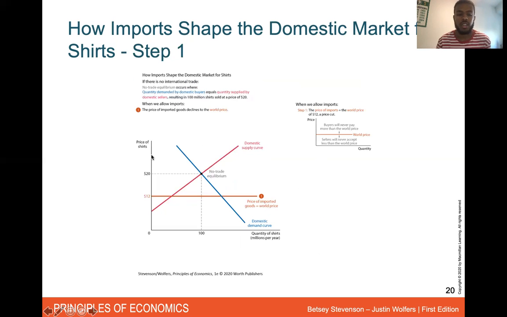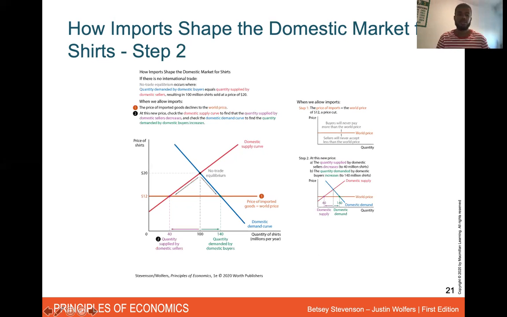So step one is that we're going to have the new world price for t-shirts. So that's going to be here, this straight line at $12. So the price of imported goods declines to the world price. So now instead of these domestic consumers having to buy shirts at $20, they'll be able to enjoy shirts at $12 thanks to these new imports.